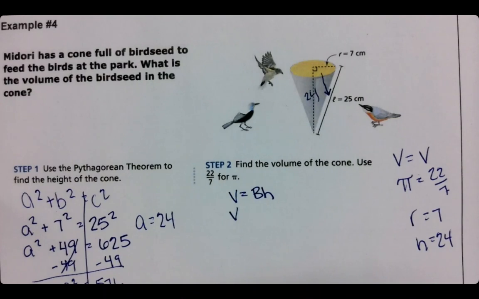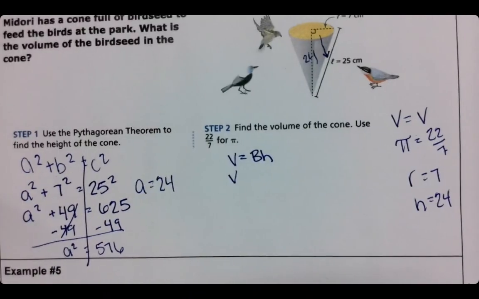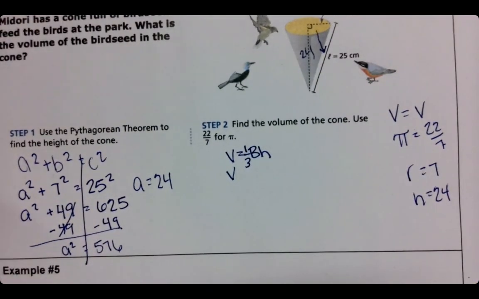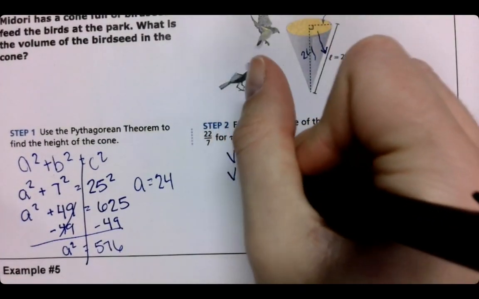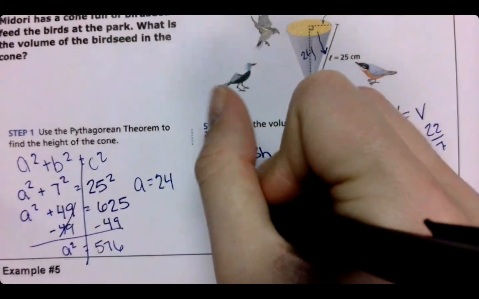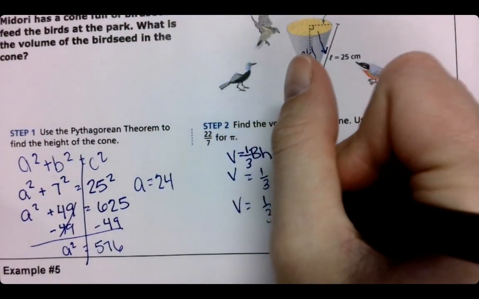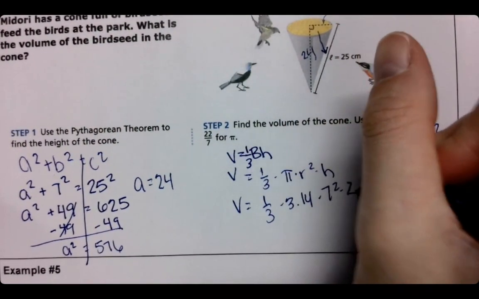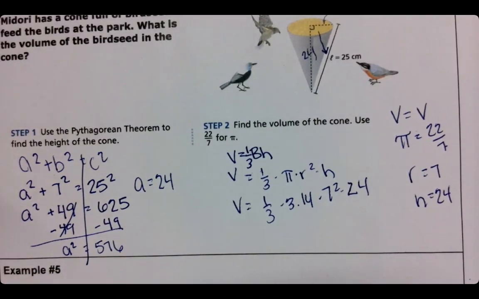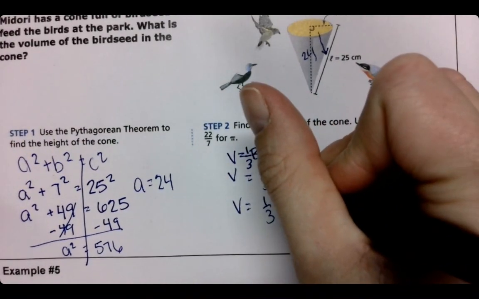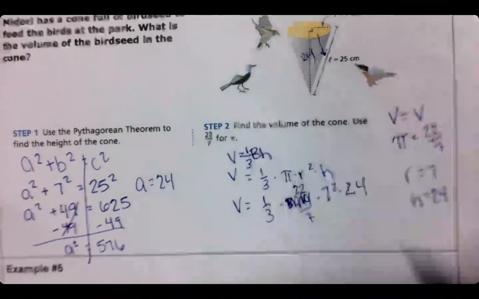So fill in those and solve this for the volume. Oh, sorry. Pi was supposed to be 22/7. Gosh darn it.